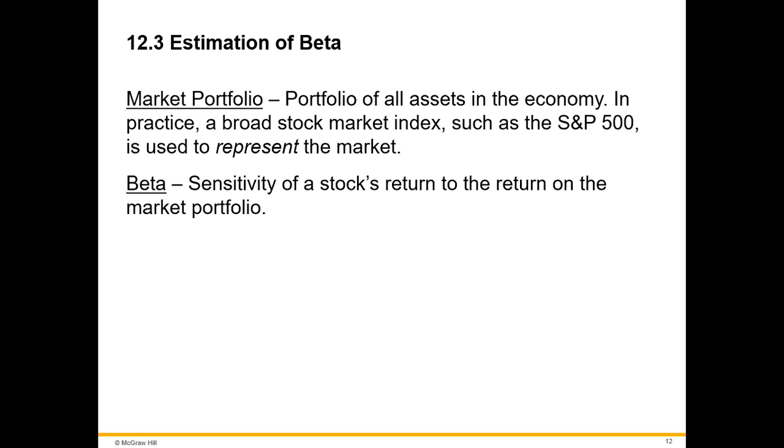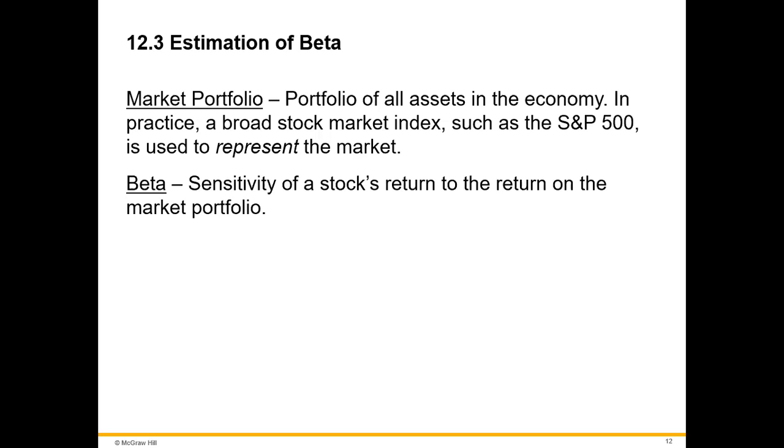Okay, so we're not going to go into all the calculation of it, but it's important to remember, as we see there, we need to look at a market portfolio. Remember, that is the portfolio of all the assets in the economy. So in practice, a broad stock market index, such as the Standard & Poor's 500, is used to represent the market.